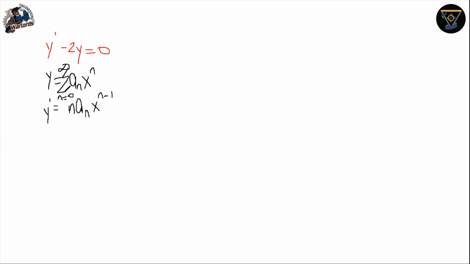And when we differentiate the summation from n equals 0 to infinity, it's going to be the summation from n equals 1 now to infinity. So let's say they gave you y double prime. This is going to be equal to the summation from n equals 2 now to infinity. And then you differentiate this part here, okay?